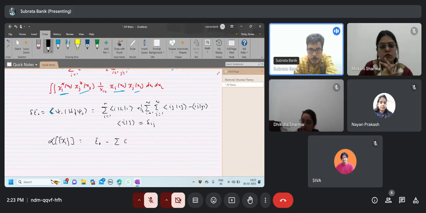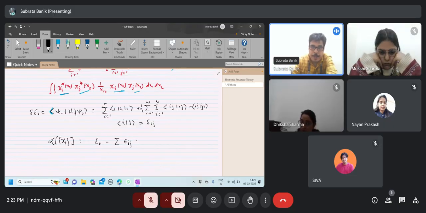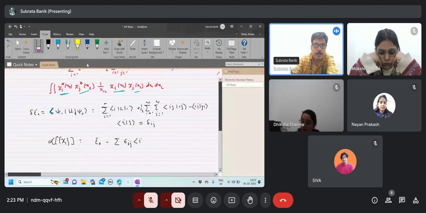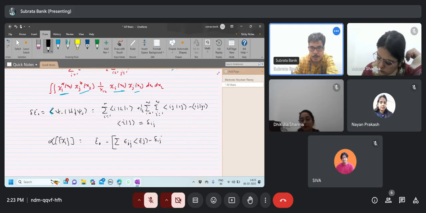I have not only one condition, I have one for all i and j. So for each constraint, we are going to put one multiplier, ε_ij, times ⟨i|j⟩ minus δ_ij. Instead of minimizing E0, we are going to minimize L, so now put δL equal to 0.